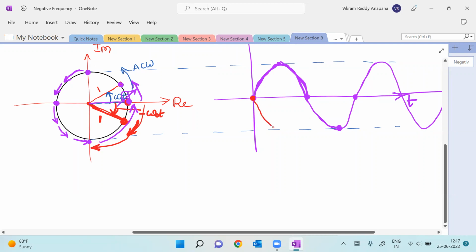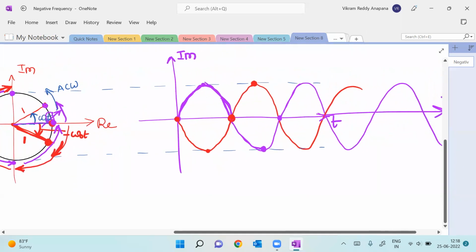I touch negative imaginary here. Again you keep moving this way and touch this, where the imaginary component equals 0. And again you come and touch this. You're touching max imaginary. So this is max imaginary here, and so on like that.